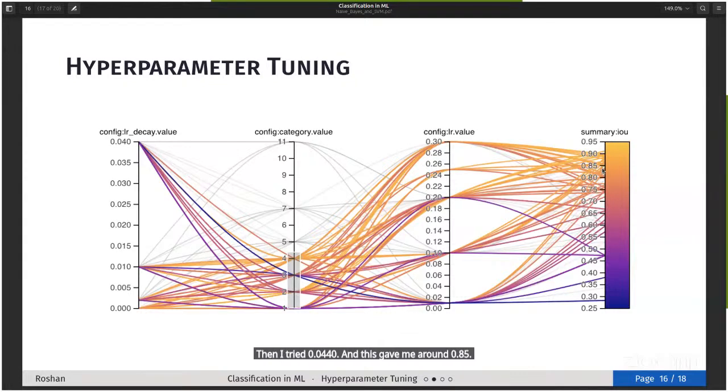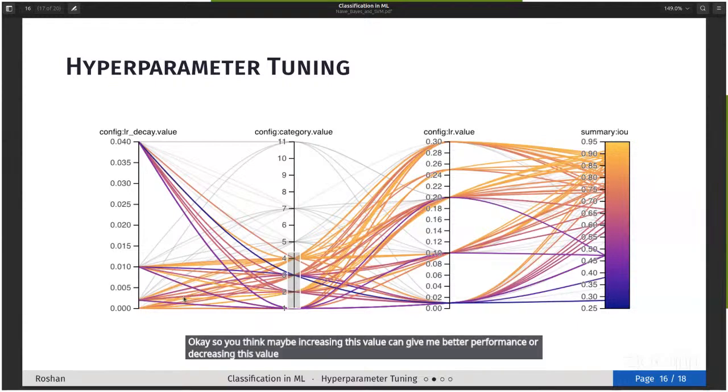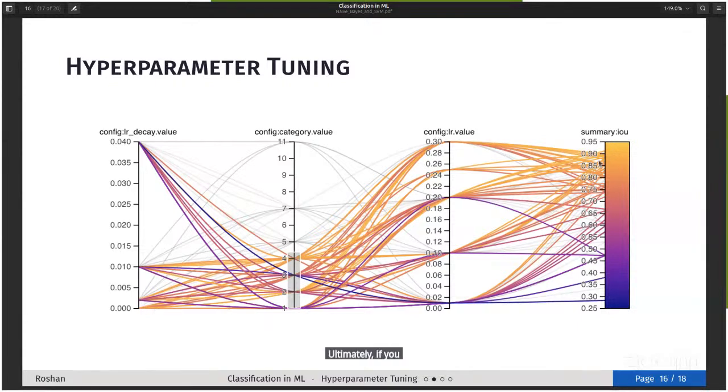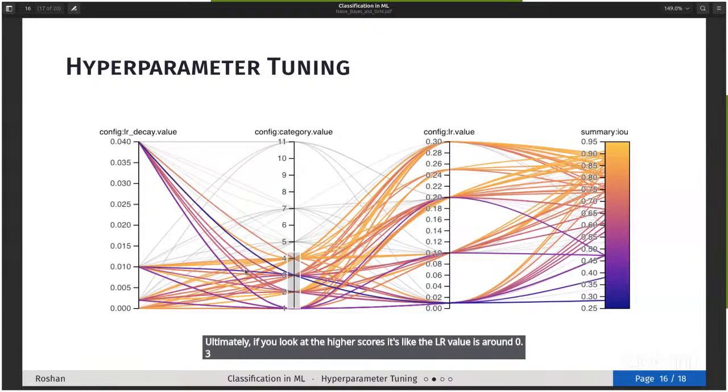Okay. So you think maybe increasing this value can give me better performance or decreasing this value can give better performance. Okay. Ultimately, if you look at the higher scores, the LR value is around 0.3, the category value is around 3.4, and the LR decay value is around 0.01.